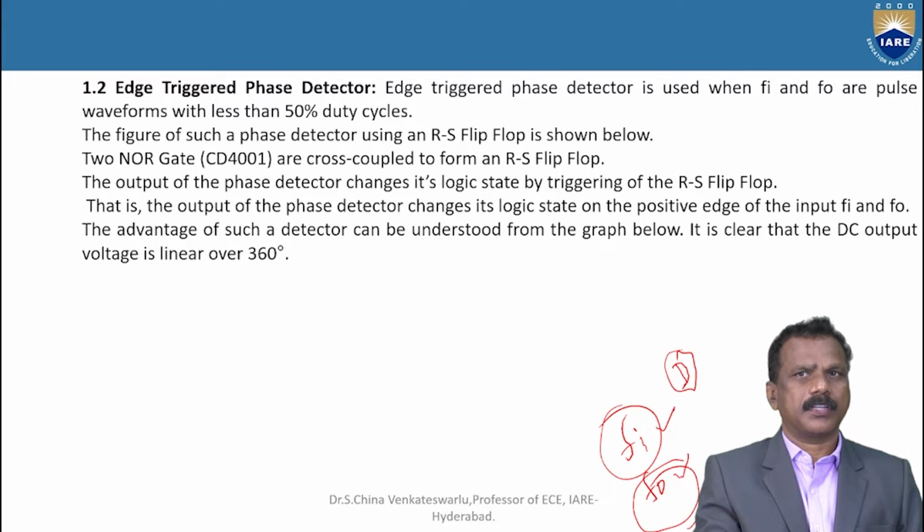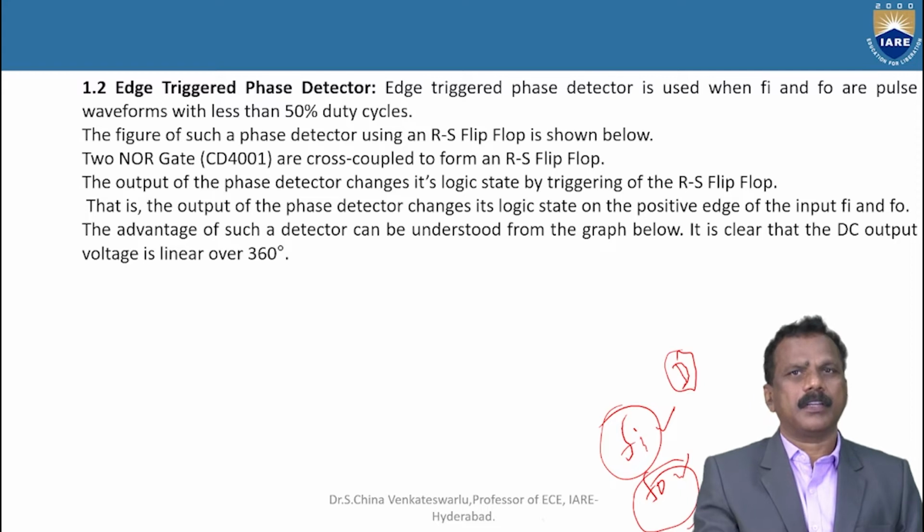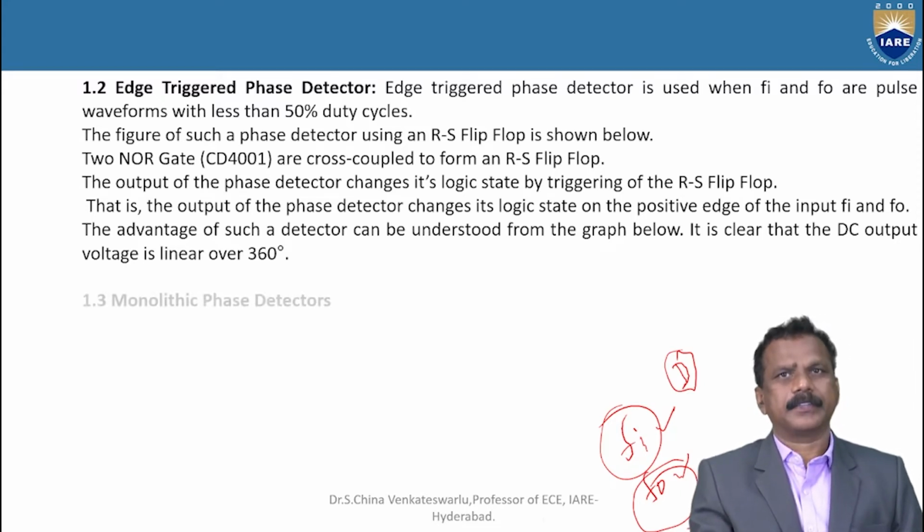The advantage of such a detector can be understood from the graphical representation. It is clear that the DC output voltage is linear over 360 degrees.